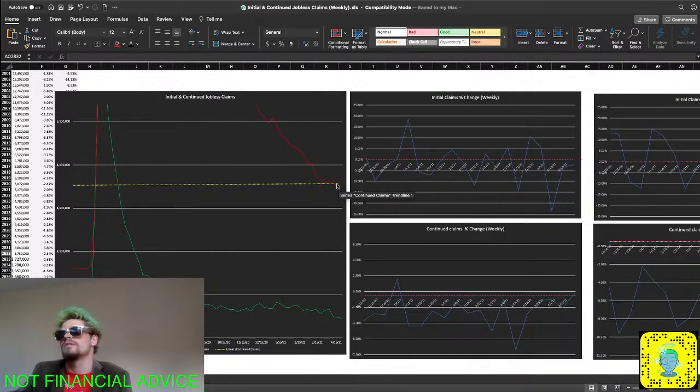This continued claims, I do not really like how it is looking, to be honest, but until we see it really, really go up, or we see it stay flat for 2 or 3 months, I'm really not worried about it because of these initial claims.